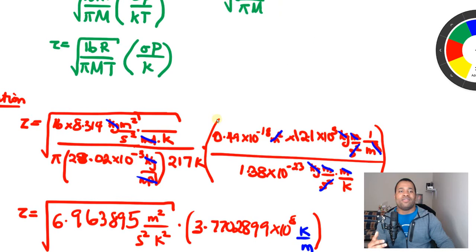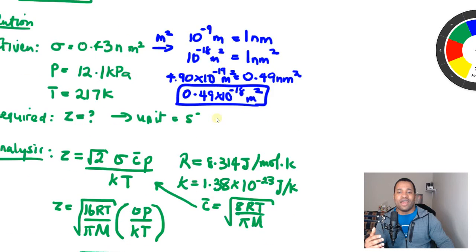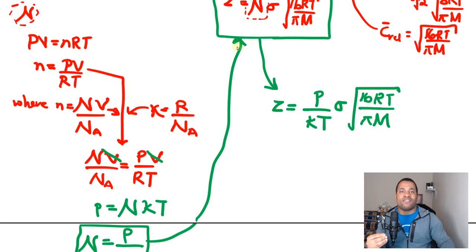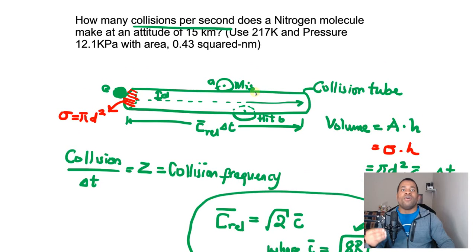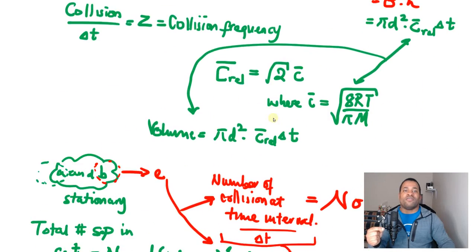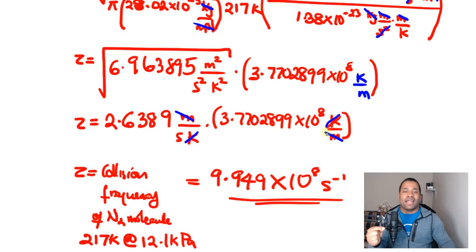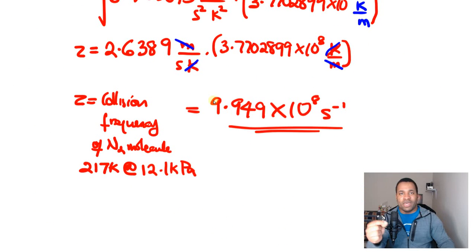And take note here that from our previous video, we're able to derive our formula, and by deriving our formula, we're effectively able to determine our specific answer for the number of collisions per second for a nitrogen gas molecule at that particular altitude, at those particular conditions, by putting those numbers into this particular equation.